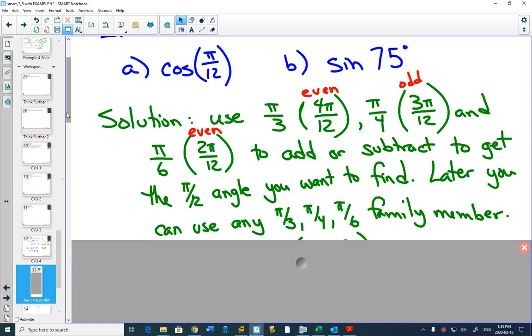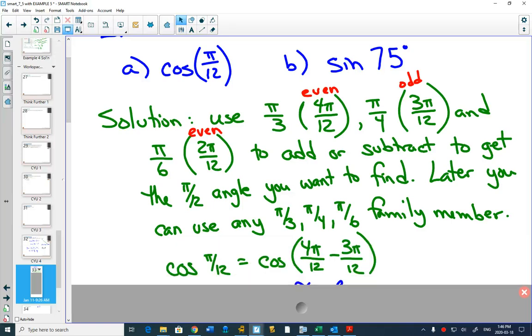Could you use 4 pi over 12, 3 pi over 12, and 2 pi over 12 to add or subtract to get 1 pi over 12? 4 pi over 12 minus 3 pi over 12, or 3 pi over 12 minus 2 pi over 12. Either would work, so you have a choice.